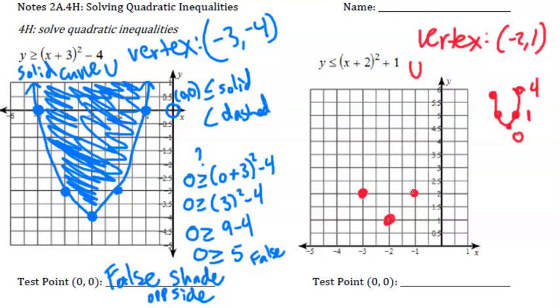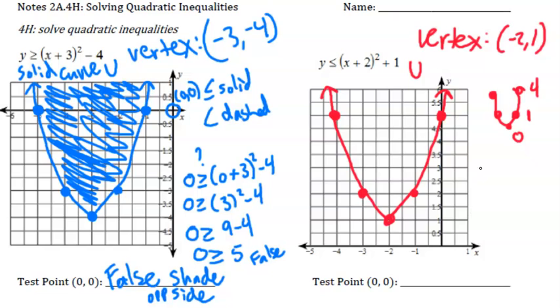So this would be 2, the next one would be 8. 1, 2, 3, 4, 5, 6, 7, 8. And go right here. And then it's a mirror image, so you do the same thing on the other side. And then it's a solid curve, because the inequality has an equal sign underneath.